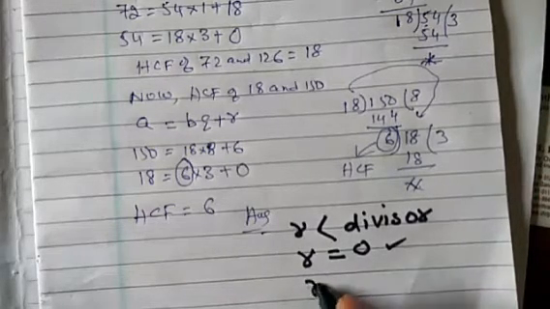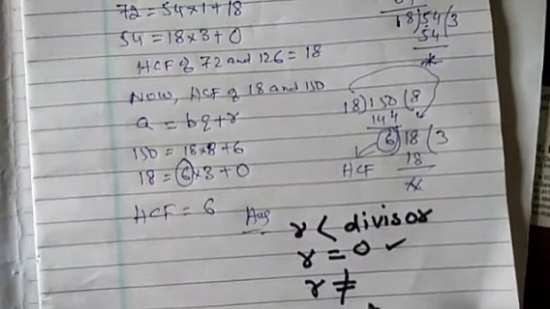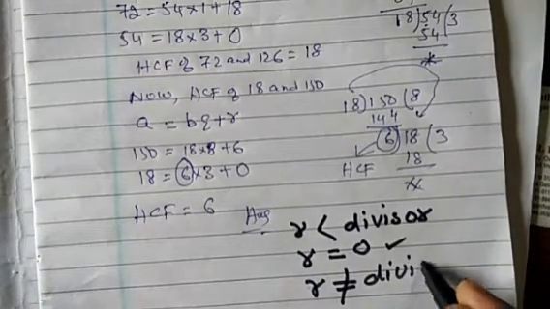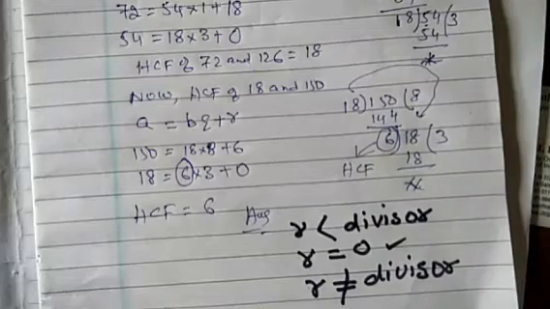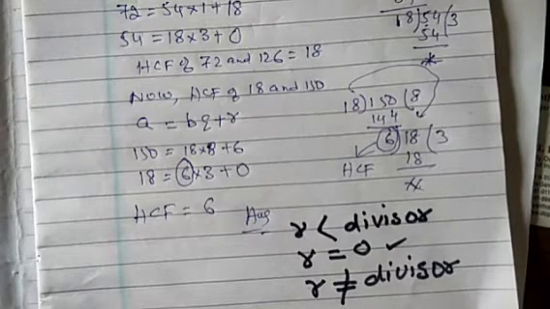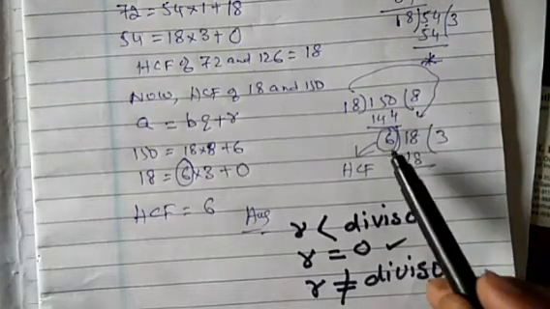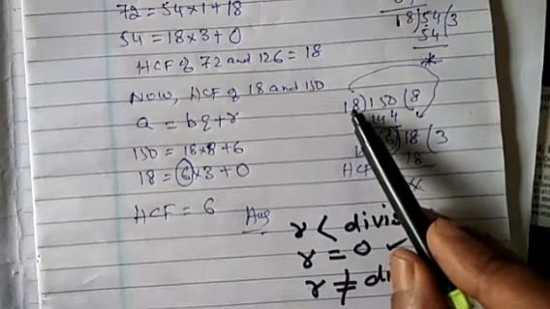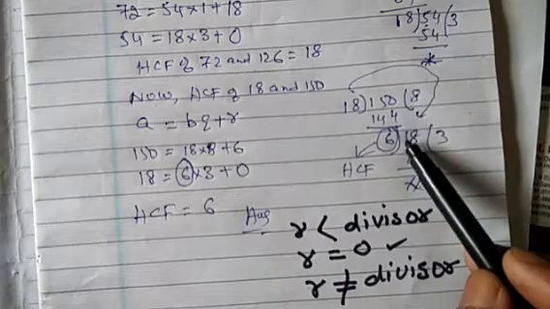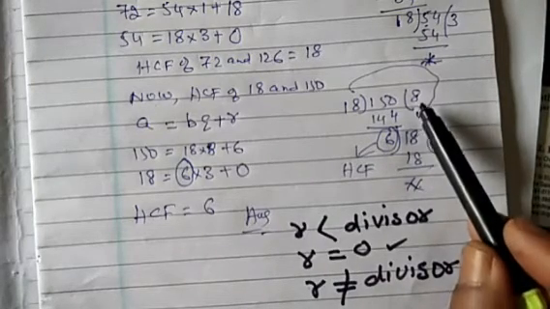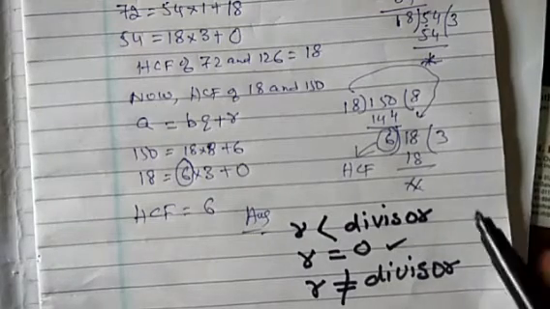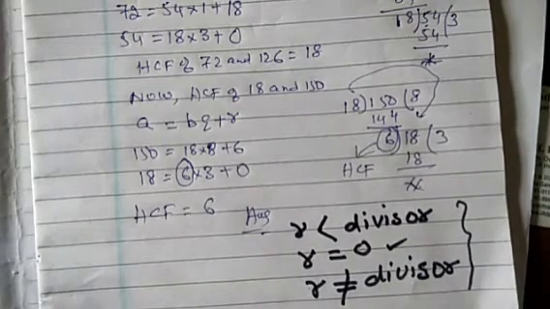And the remainder cannot be equal to the divisor. For example, if the remainder is 6 and the divisor is 6, I have to divide again. It means 6 times 1 is 6, and here actually I should have got the full division. So always keep these things in mind.